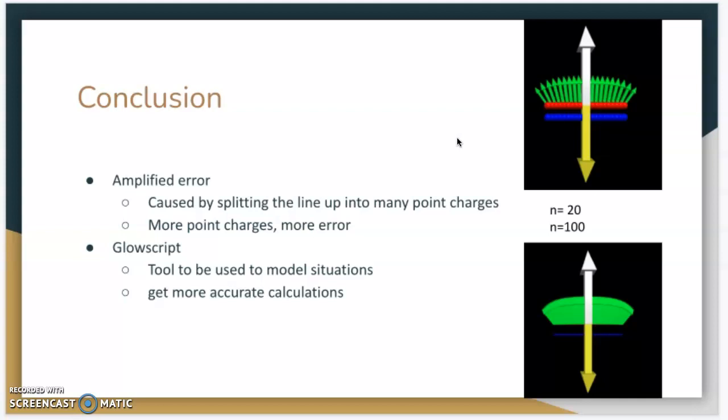The final conclusion I made was that GlowScript is a very useful tool to be used in modeling different situations. It is much more precise than any calculations we could do by hand, and so it is a great tool to use to get more accurate calculations.